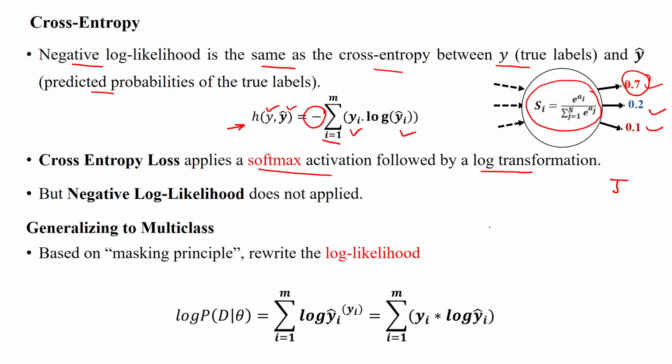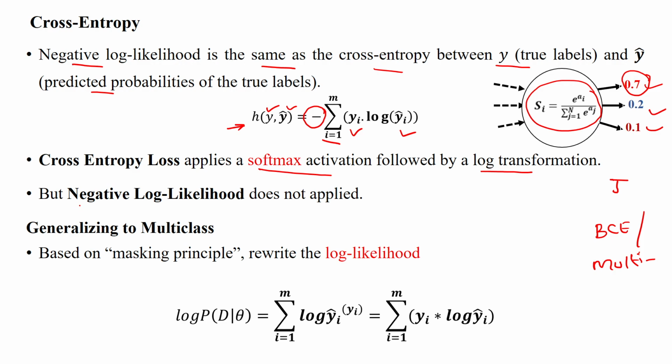If the problem statement is binary class classification, we will use the binary cross entropy, or if the problem statement is multi-class classification, then we will go for cross entropy, that is the categorical cross entropy.